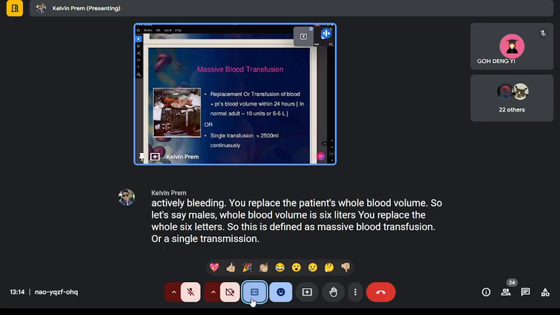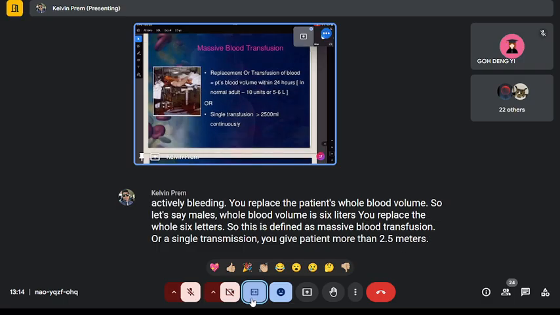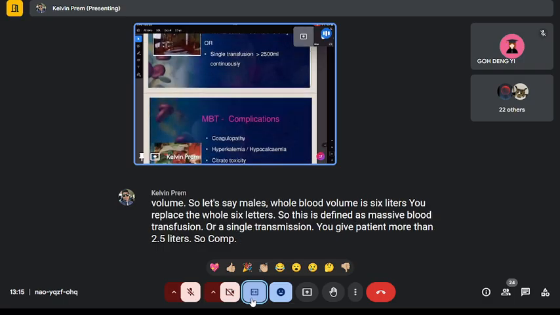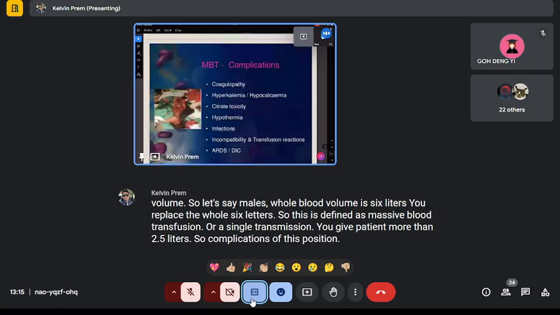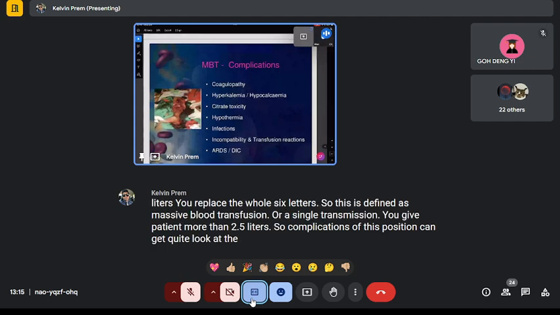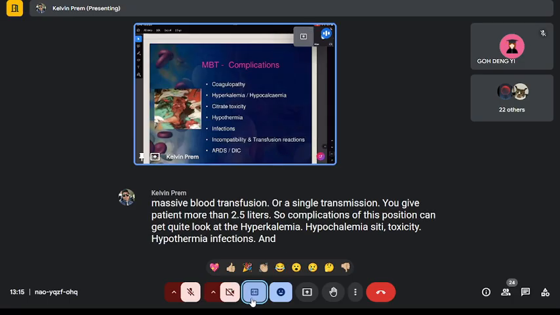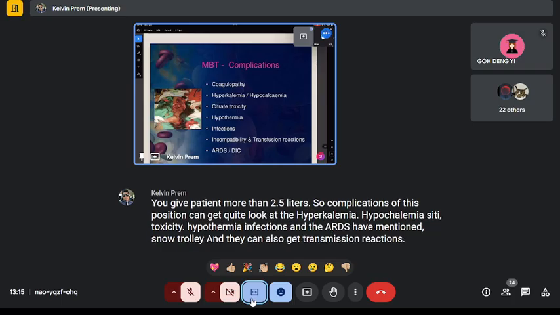Or a single transfusion, you give the patient more than 2.5 liters. Complications of this: the patient can get coagulopathy, hyperkalemia, hypokalemia, citrate toxicity, hypothermia, infections, and the ARDS I have mentioned just now, TRALI. And they can also get transfusion reactions.